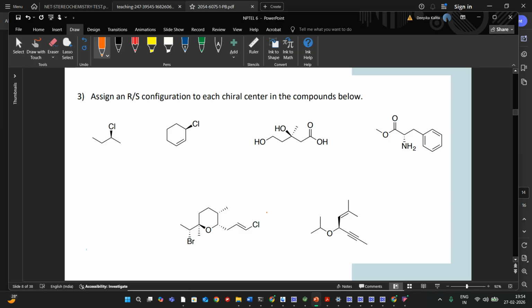Okay, so again, in these molecules, we have been asked to assign RS configuration to each chiral center in the compounds below. So these molecules will be the ones with more functional groups present in them. So let us try to solve a few of them.